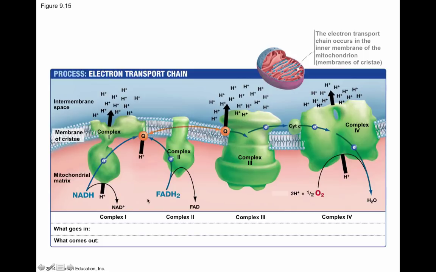It just doesn't go to complex 1. Instead, it brings them over to complex 2. The electron goes here to Q, back across this way, and again to water, to oxygen to make water. And the hydrogen ion in this case now needs to get pumped by Q. Okay. There's hydrogen ions really running all around in here because they don't always get grabbed by Q. Sometimes they're grabbed over here by complex 4. But you get the idea.